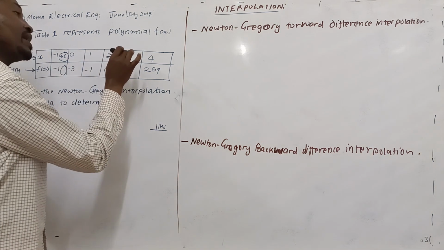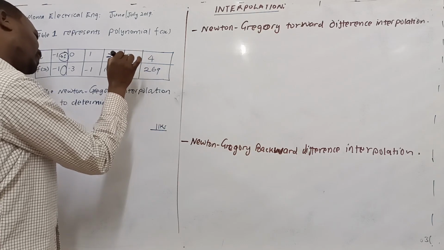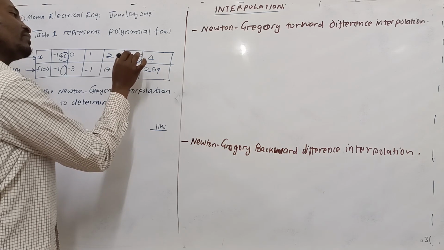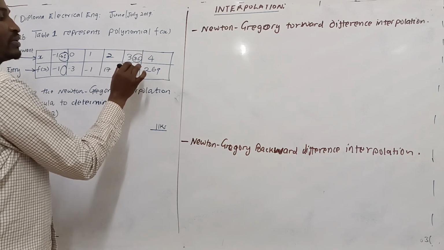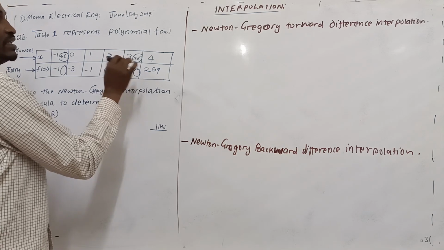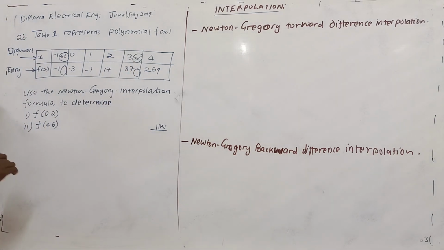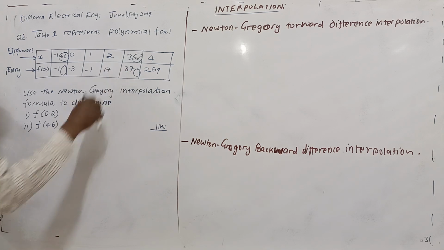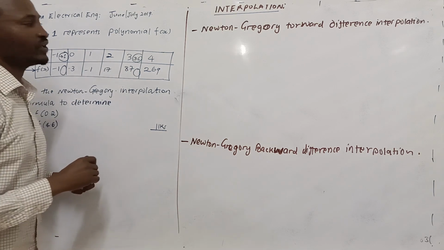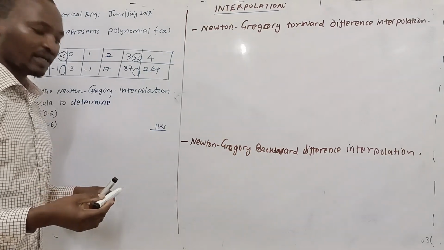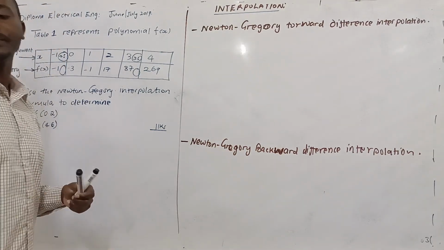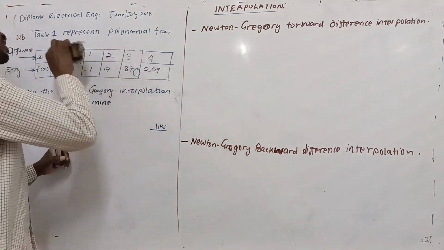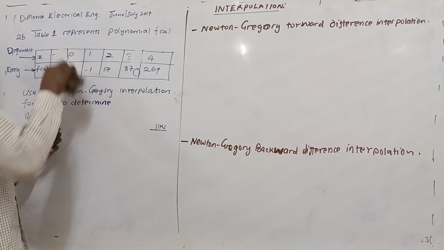Or probably we are told to get, for x equal to 3.5, the value of the unknown entry, or the value of y. That's what we mean when we talk of interpolation. Interpolation is the process of finding a certain value of an entry for a given argument. So at least now we understand what interpolation is.